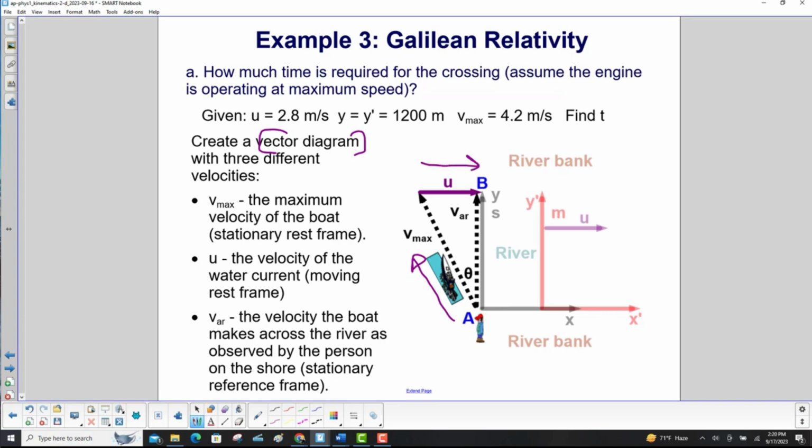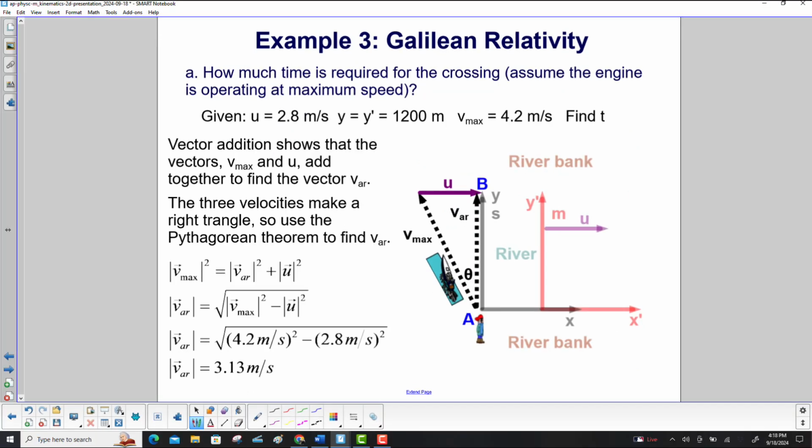And finally, we have V sub AR, and that's going to be what? V across the river, and that's the velocity the boat makes across the river as observed by the person on the shore in the stationary reference frame. And we've kind of put all this other stuff here a little lighter so it doesn't get confused with the vector diagram. And over here is theta. We'll be looking for that in part B.